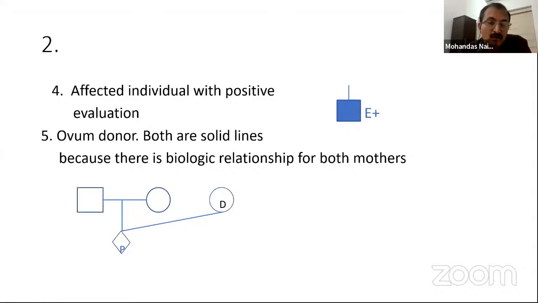She has donated the ovum. So there is a continuous line to the fetus, so that there is a biological relationship. And the second lady has conceived. So there also is a biological relationship, because the teratogenic effects or some infections to the mother all can affect the baby. So both the females are having a biological relationship. So both lines are continuous lines.